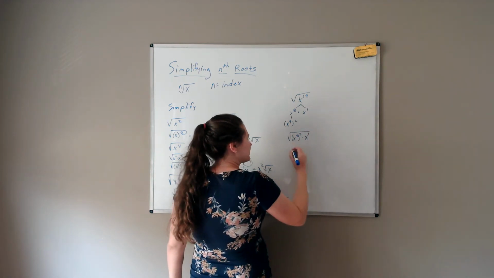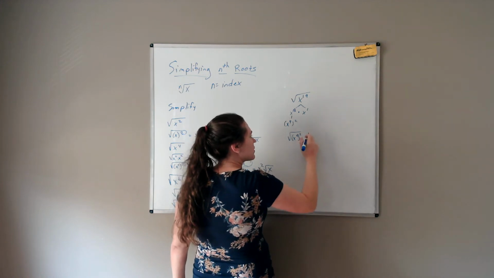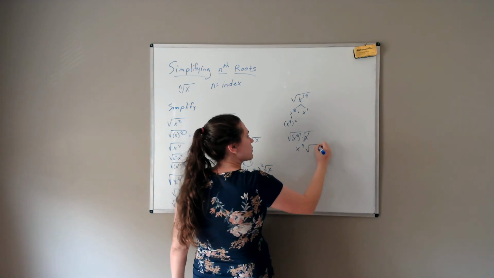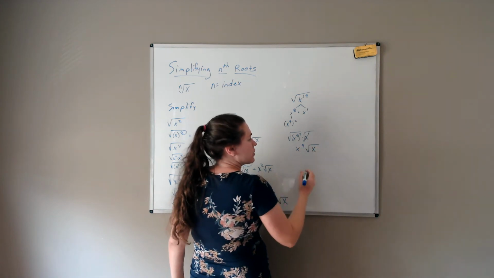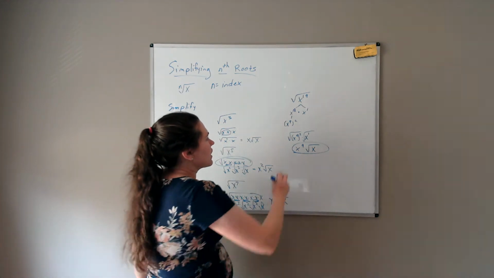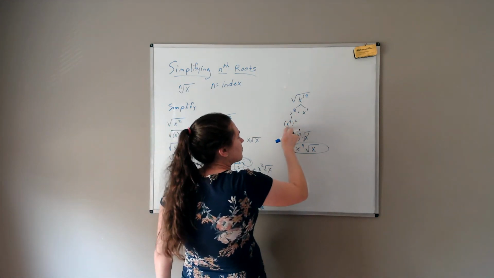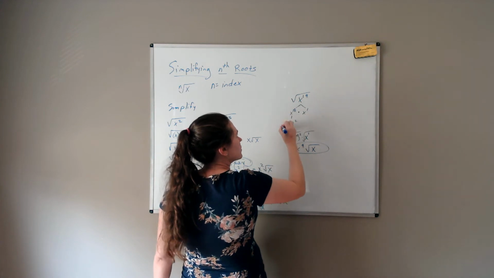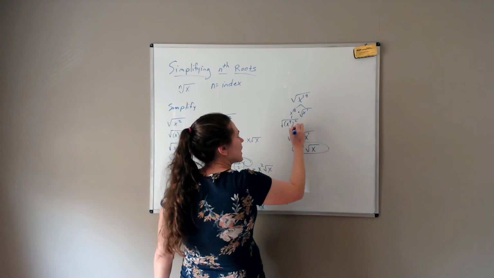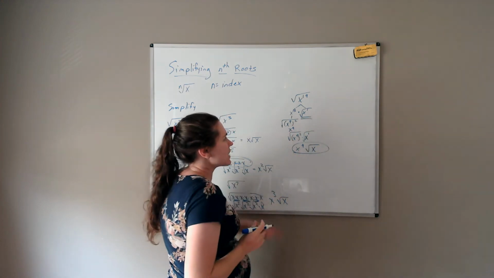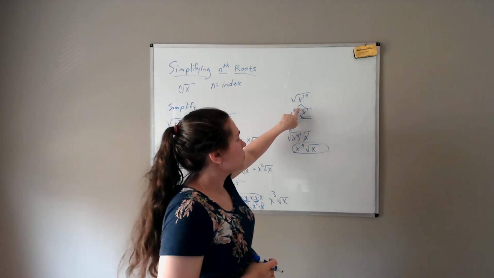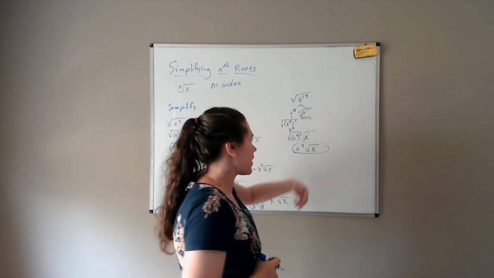And now, if I break that up, the square root of x to the 9th squared would give me x to the 9th, and I would be left with one leftover factor of x, the square root of x. So if you can write a factor to the second power, when you take the square root, it's going to undo it, leaving you with x to the 9th, and then this never made it outside because you only have one factor of x, and this is a square root. You would need 2 factors of x to simplify this.